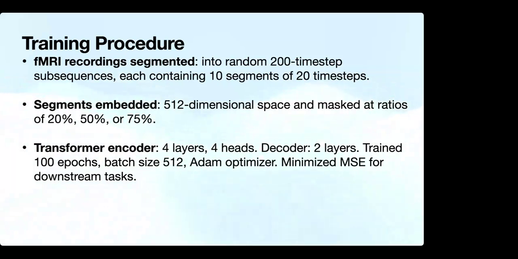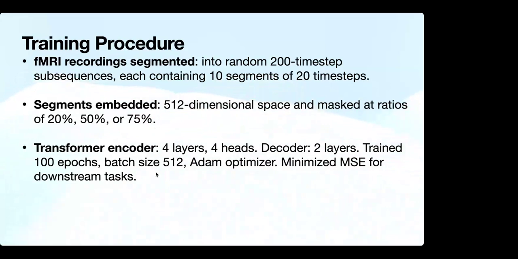So next, these segments are embedded into 512 dimensional space. So that's the dimension of the latent space. Yeah, they're embedded into this 512 dimensional space, and then they're masked at ratios of 20%, 50%, or 75%.